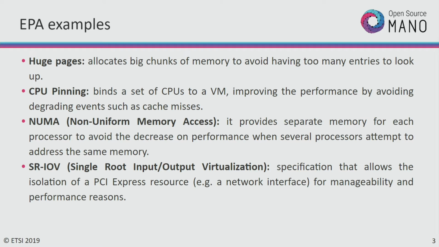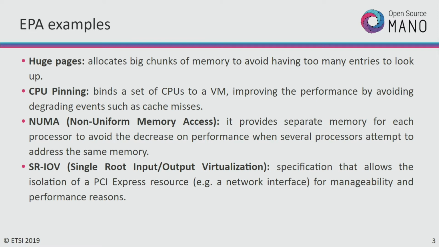And this improves the performance by avoiding some degrading events like cache misses. That in this case is when the cache of the CPU is used by some process, and then another process uses it and deletes the cache of the CPU. So it halts and it has to rebuild it again. So in this case, that's the performance upgrade.